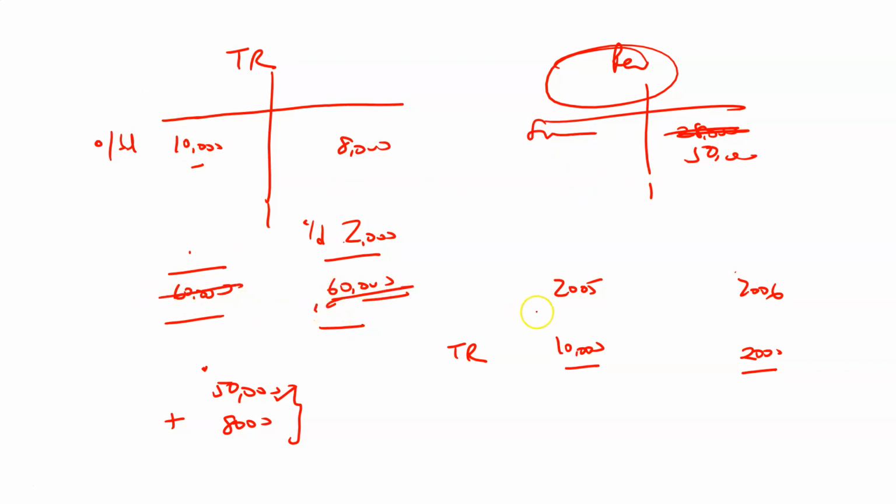So the key point here is that people say, well, 8,000 came in, so we just add the 8,000. When I'm doing my thing, I do operational profit, add depreciation, add loss on sale of asset, deduct gain, and so on. So we basically say when trade receivable falls, we add the difference.